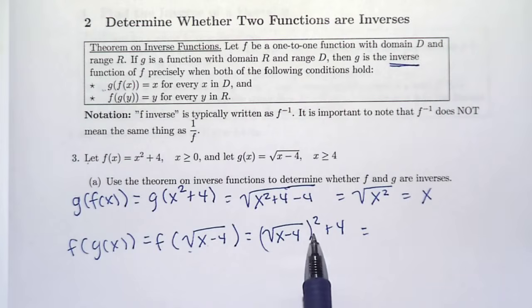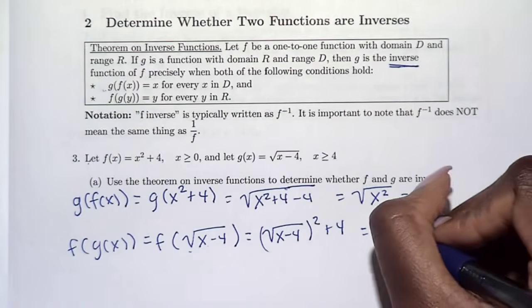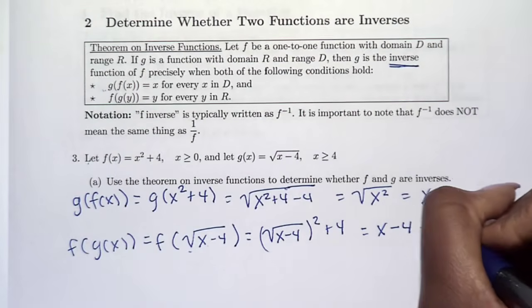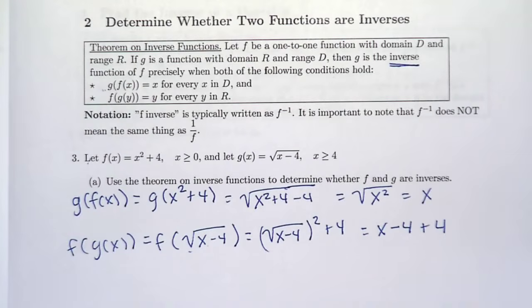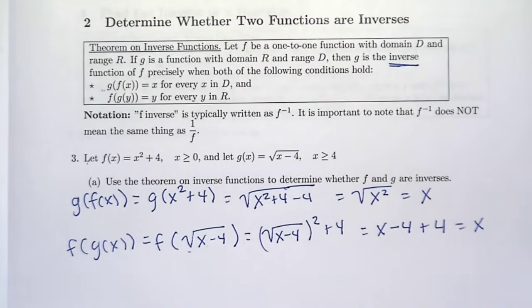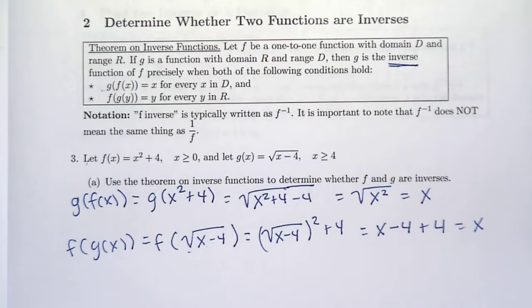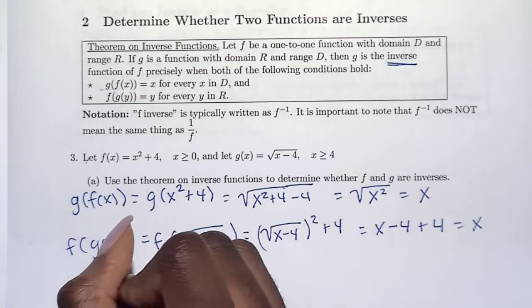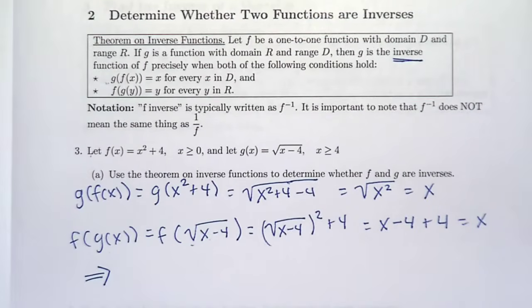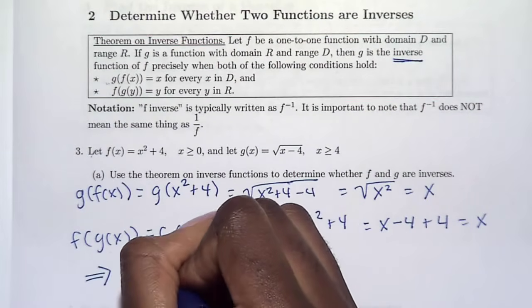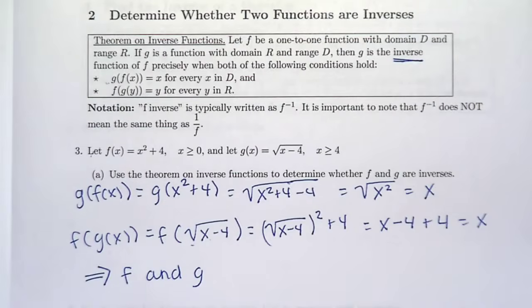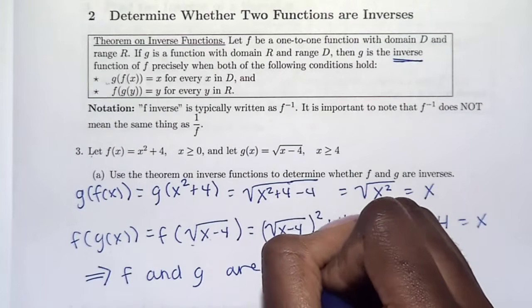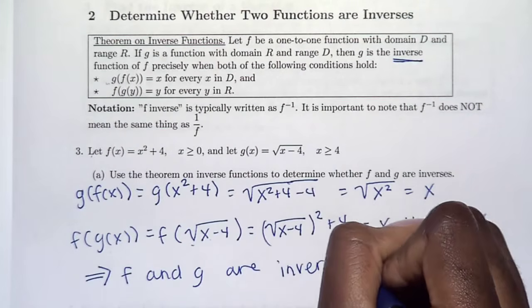Well, the square root squared is just what's on the inside. And we can simplify. Awesome, we got out exactly what we put in for both of these, so that means f and g are inverses, or inverse functions.